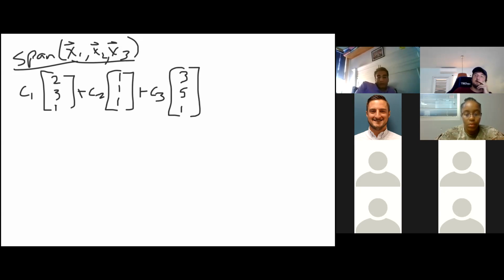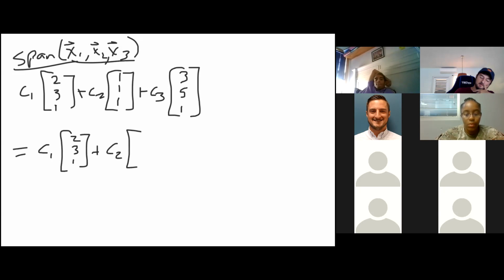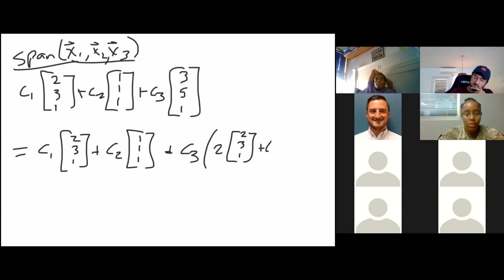But we said that 3, 5, 1, I can rewrite as a linear combination of the first two. So the first two things stay the same. I'm not caring about those. But then this is plus C3 times 2, 3, 1 plus -1 times 1, 1, 1.